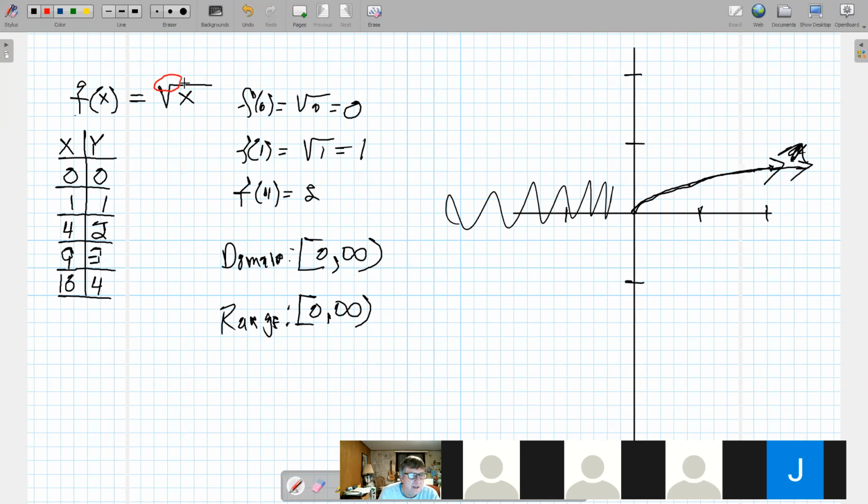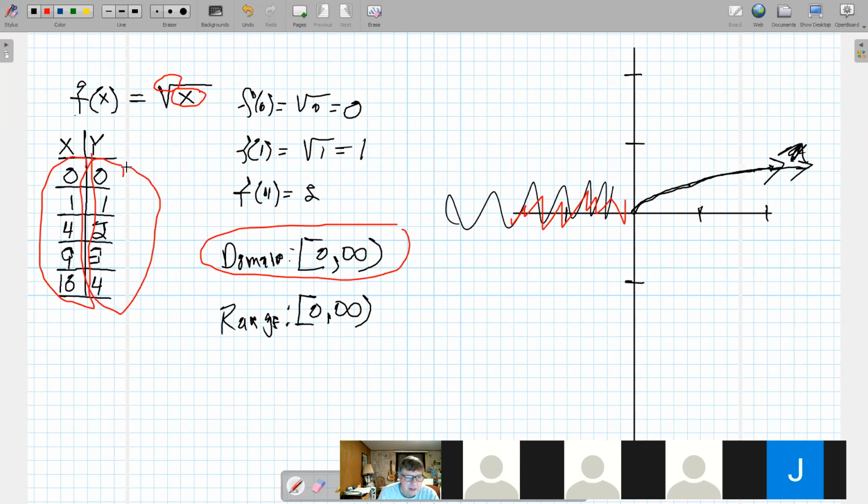When you're taking an even root, the radicand can't be negative, which is why we've got only non-negative values, and there's no negative x values, so our domain is just from 0 to infinity, okay? Also, the answers can't be negative, so that's why our range is also greater than or equal to 0, okay?